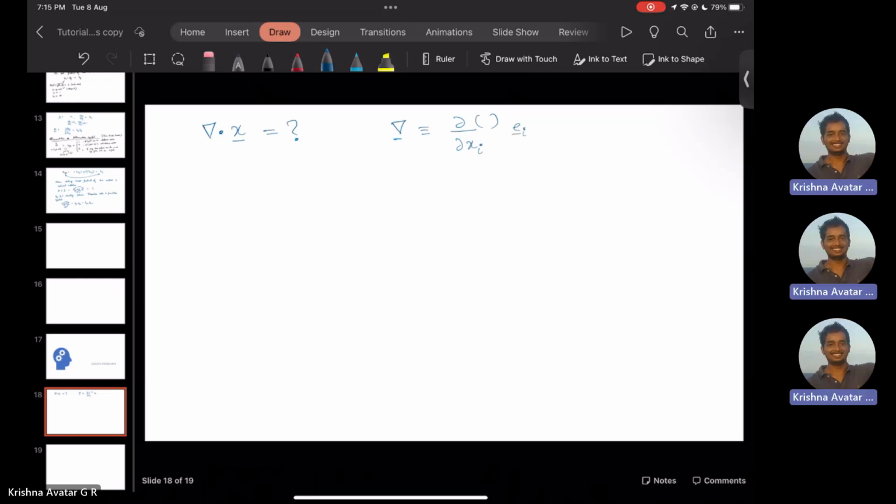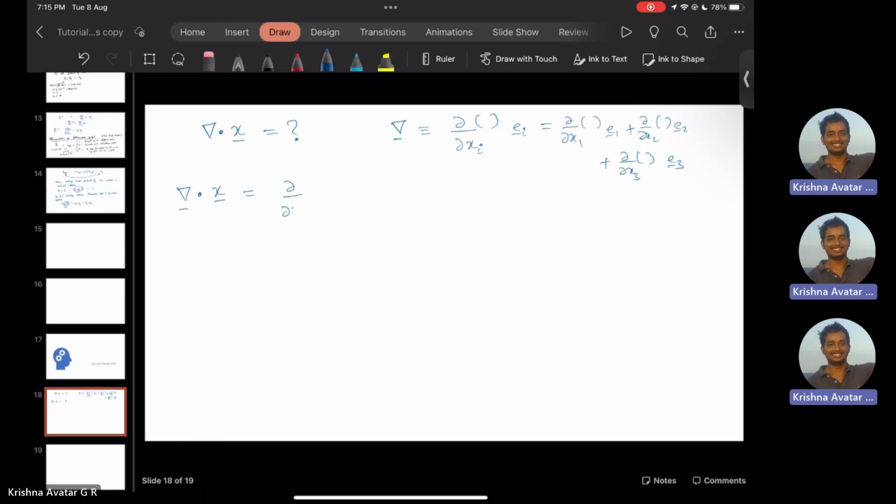And since there is a summation involved, it simply means that we can write this as partial by partial x1 of some argument and then e1 vector, plus partial x2 of some argument then e2, and then the third term is partial x3 of some argument then e3. Okay, and the divergence here simply implies that let's write this in indicial notation.